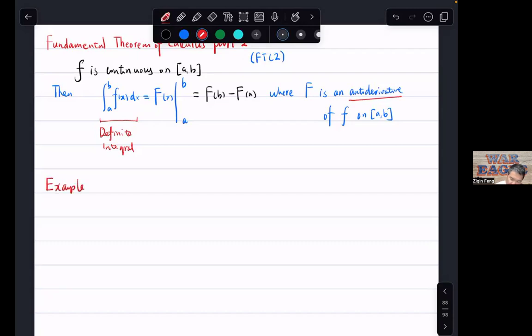Example 1 is the integration from 0 to 4 of (4 minus t) root t dt. We don't have any tricks yet. All we have is that we know the antiderivatives of elementary functions.